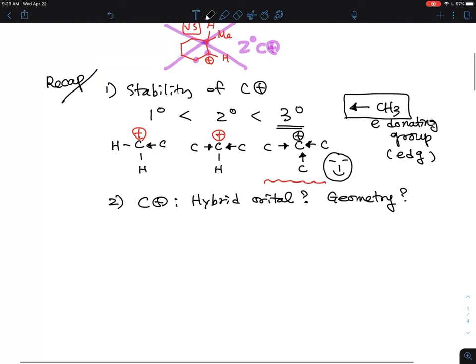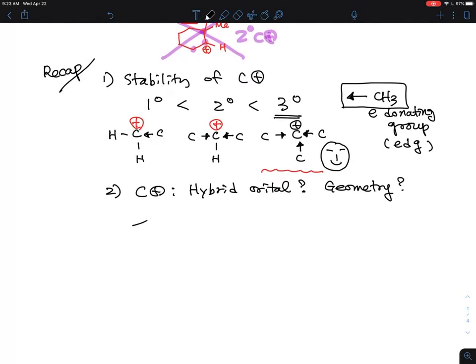And in this problem that you see, they develop the carbocation when a methyl is attached here, and the carbocation develops here.